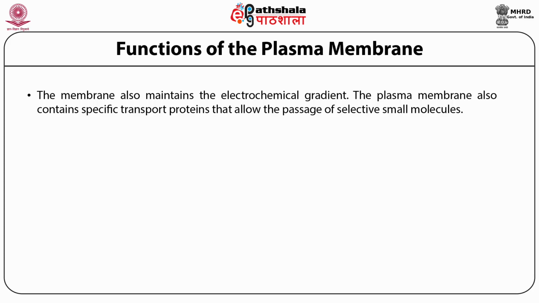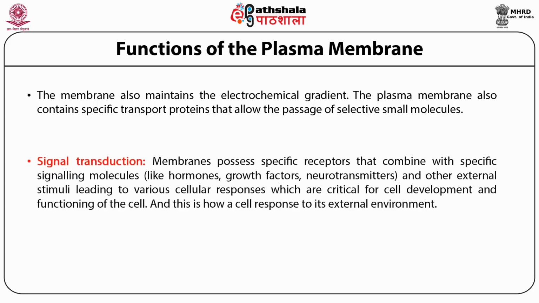The plasma membrane also contains specific transport proteins that allow the passage of selective small molecules. Membrane possesses specific receptors that combine with specific signaling molecules like hormones, growth factors, neurotransmitters, and other external stimuli, leading to various cellular responses which are critical for cell development and functioning. And this comes as a function of signal transduction by the cell membrane.